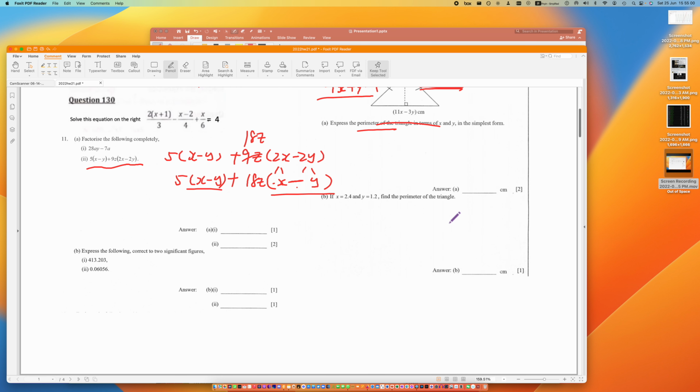At the same time I want to go through the previous chapters as well, because in your term 3 they are going to test you on anything before term 3. Significant figure. What's so special about significant figure?